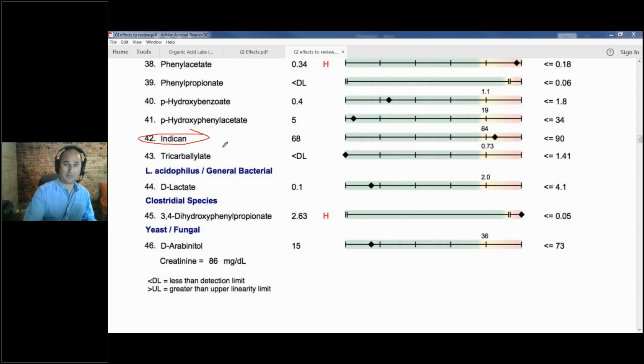Not 5-HTP, but tryptophan. Tricarballylate, when it's high, indicates the need for extra magnesium in their program. And D-lactate in and of itself is a neurotoxin. So if D-lactate's high, you've got a gut-brain problem going on there.